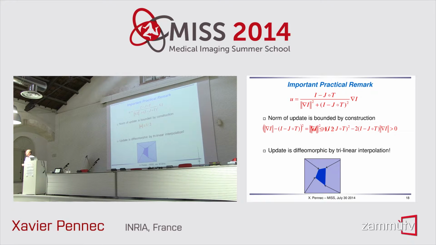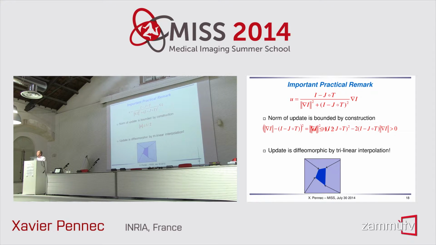What does it mean? We are working in voxel size here, in voxel units. It means that each of the displacements of the corners of the voxels is not reaching the center. It means that the two arrows cannot cross. We can't have a folding at each step. This means that the update field that we're computing that way is diffeomorphic by nature with trilinear interpolation.